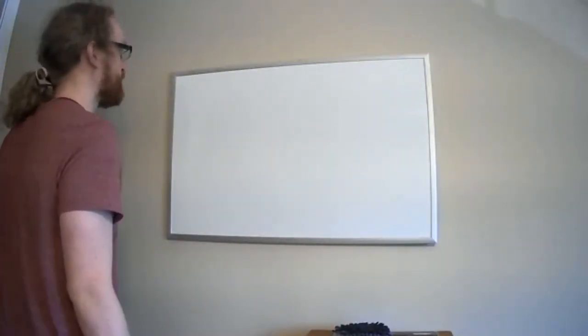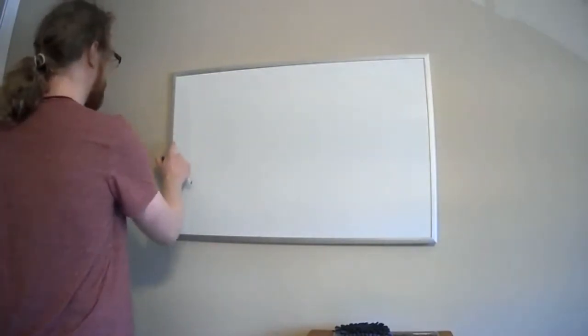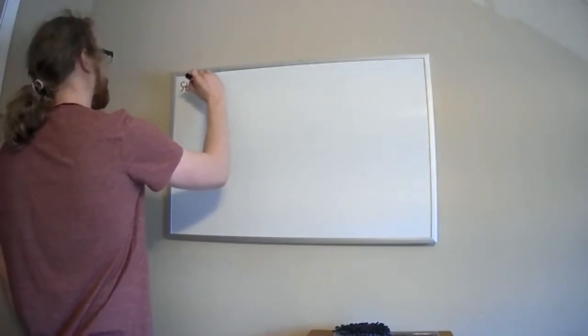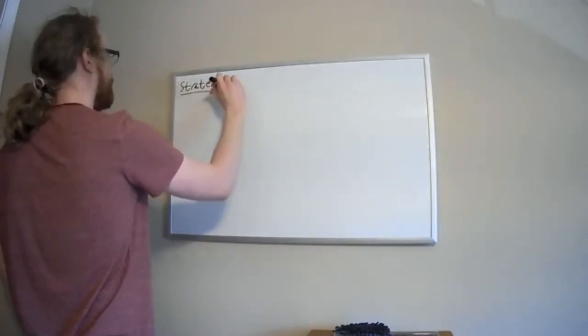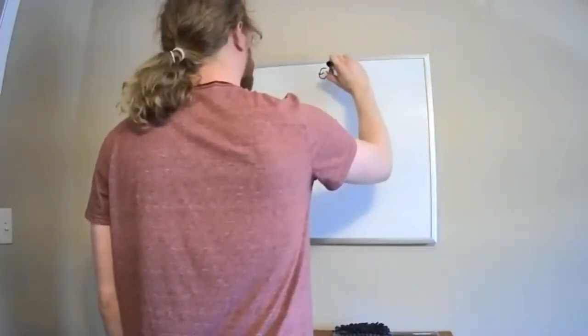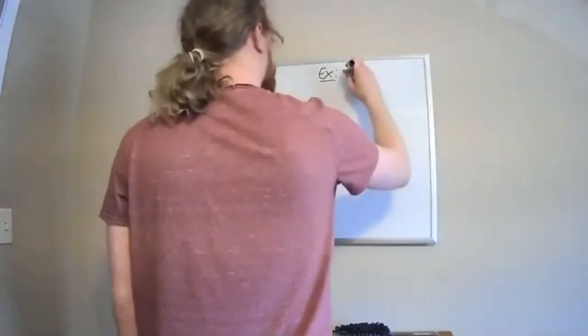Basically, I want to outline the strategy for representing the solutions by a graph. And the best way to do that is by an example as I go. So here's our strategy. And along over here, I'll have an example to play with. We're going to graph one inequality.